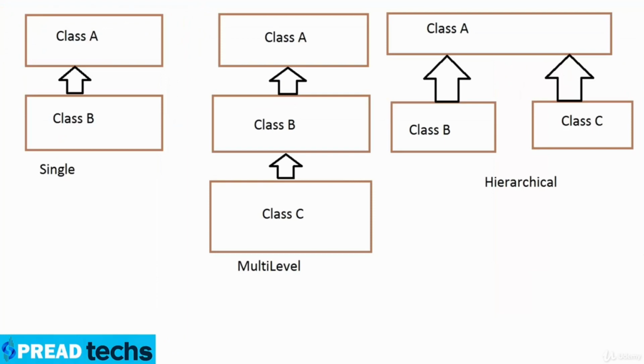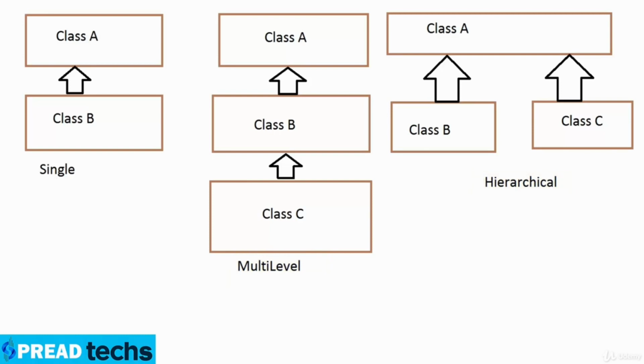Now we see the types of inheritance in Java. On the basis of class, there can be three types of inheritance in Java. One is single, another one is multi-level, and the hierarchical. In Java programming language, the multiple and hybrid inheritance is supported through the interface only.